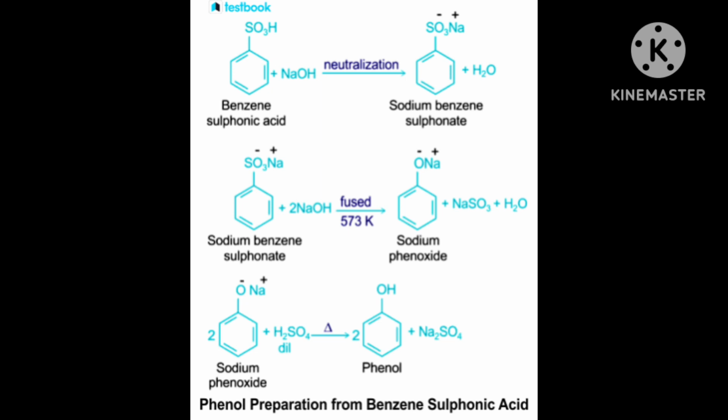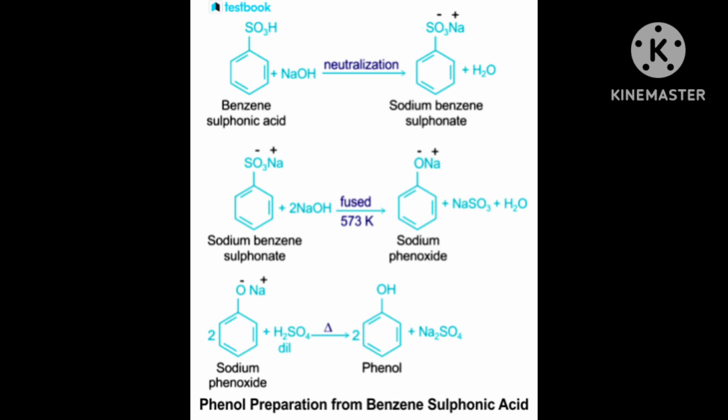And ONa was there, Na is positively charged, and from the HCl, H plus will come and substitute Na, means Na plus will go and H plus will come, then it will form phenol, and Cl minus and Na plus will form NaCl. Now you got phenol. That acidification can be done with H2SO4 also.